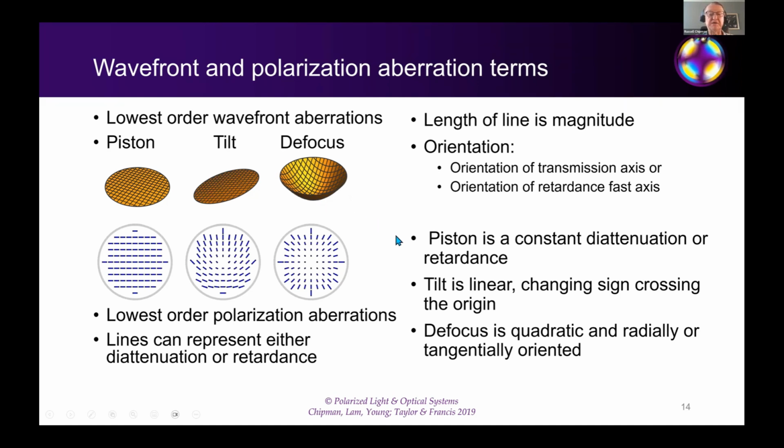But if I have diattenuation and retardance, I have an orientation, a fast axis for a retarder or a transmission axis for the polarizer. And then I have an amount of the retardance or an amount of the diattenuation. So corresponding to piston, tilt, and defocus, the corresponding polarization variations can be mapped out, with these 3 examples here: a piston retardance, a tilt retardance, a defocus retardance.